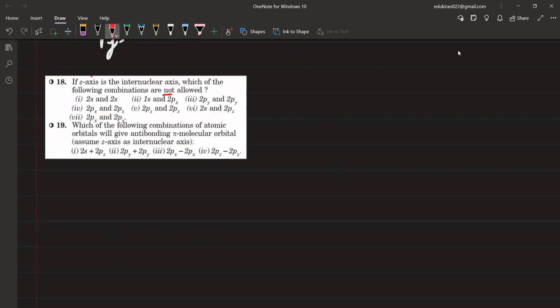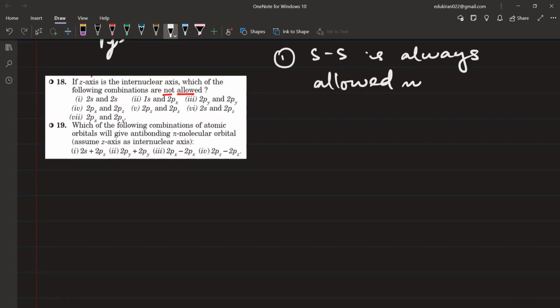When it is S and S, it will always be allowed, no matter what the internuclear axis is. Okay, first thing is that.